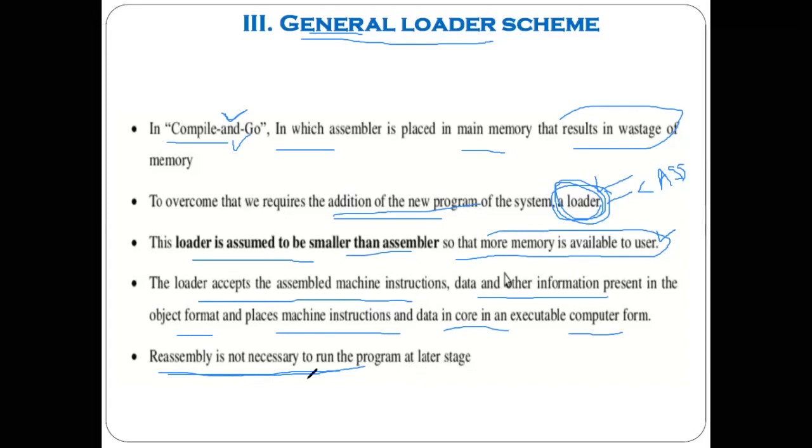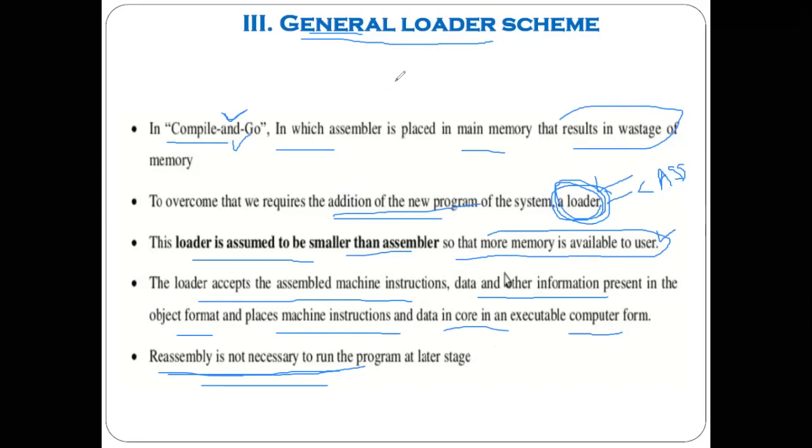In case of the compile and go loader, even if you don't modify your program, we need to do the reassembling. But in case of the general loader scheme, if you don't modify the program, there is no need to reassemble or retranslate it, because here the loader is part of the main memory, while the translator is present on the secondary memory, and the loader does the specific functionality of loading, relocation, and allocation.